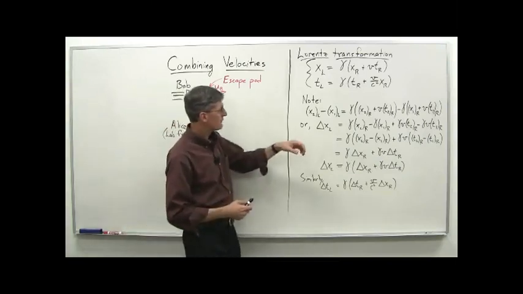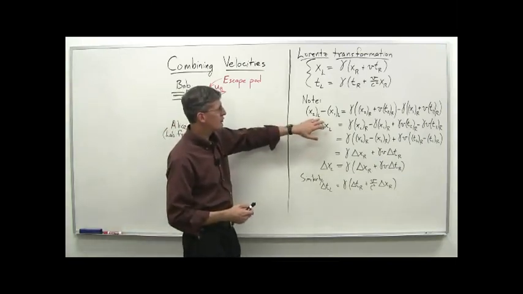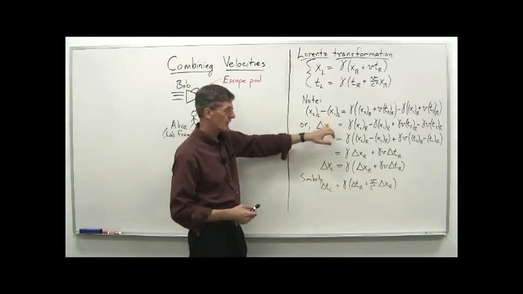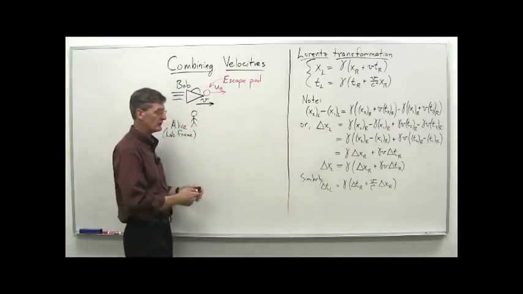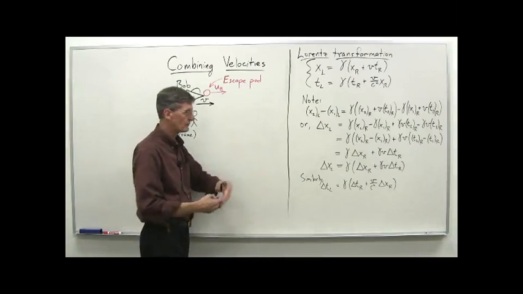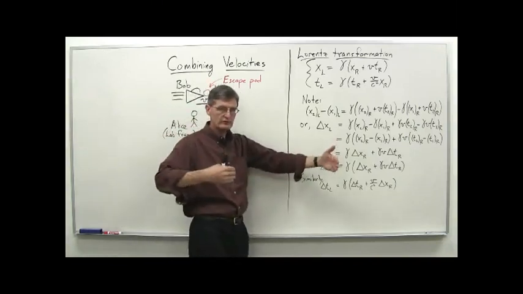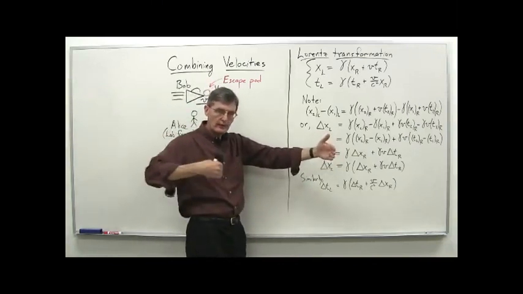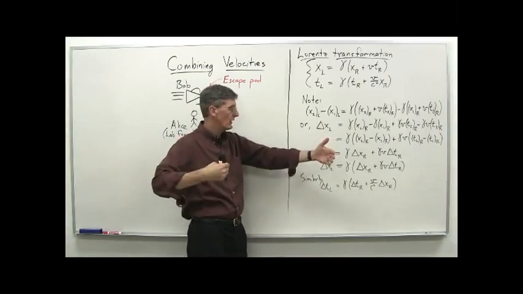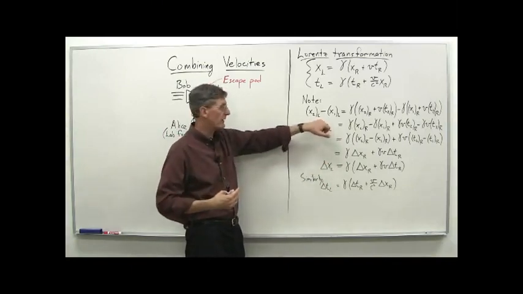So note that if we have two events in the lab frame at positions x2 and x1, within Alice's frame, she says this happens at position x2, and then something else happens at x1, the difference between the two positions is x2 minus x1, and that gives you the distance between x2 and x1 in the lab frame.